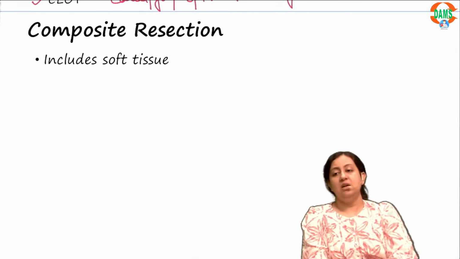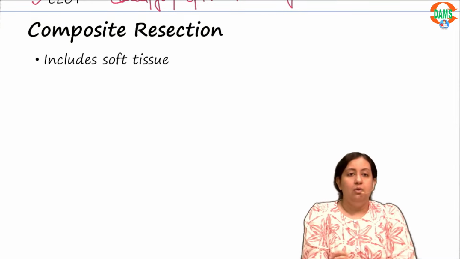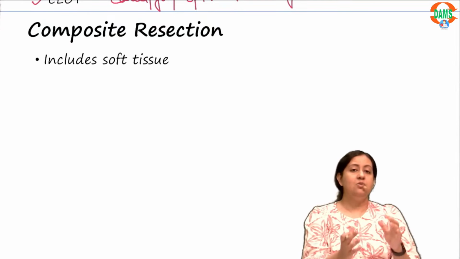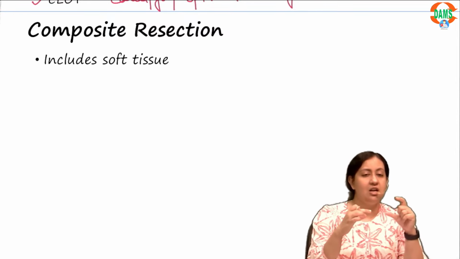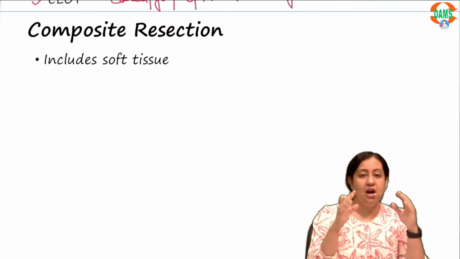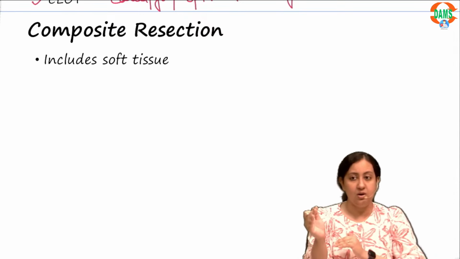Now the next thing, we have something known as composite resection. All right, now what was resection? Resection was something in which you were not touching the pathology, but you were taking margins on the adjacent bone and removing the block of bone which contained your pathology.